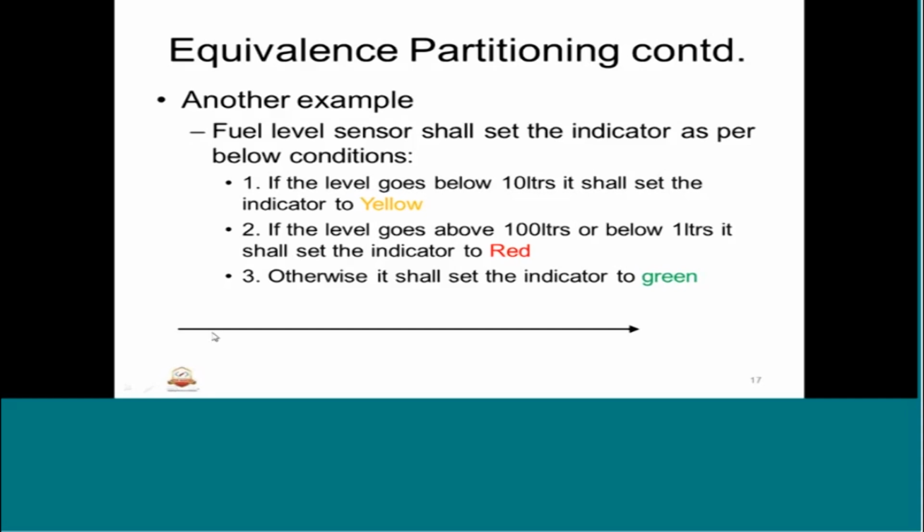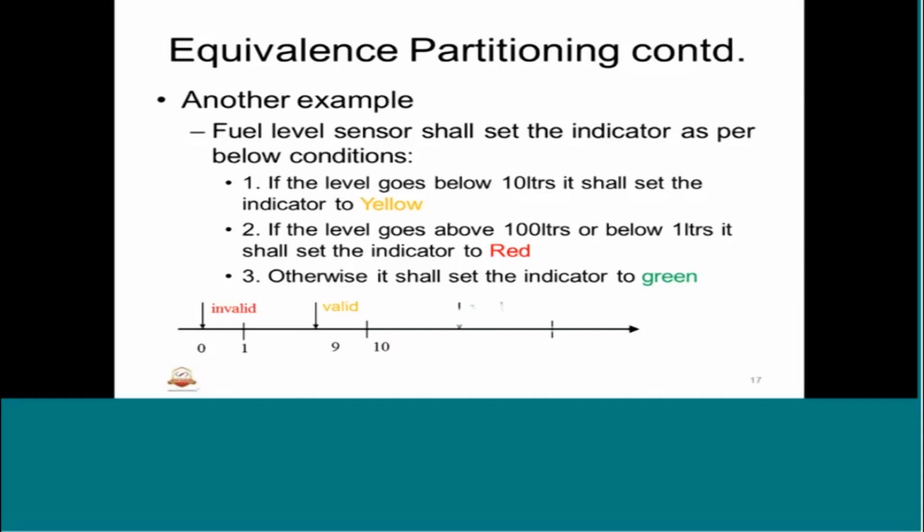So what are valid and what are invalid? With the help of this below one, we can identify invalid 0 and 1. The value which is in red is invalid. The values between 9 and 10 are valid, but it is a yellow indicator because the requirement talks about yellow, so it's valid.